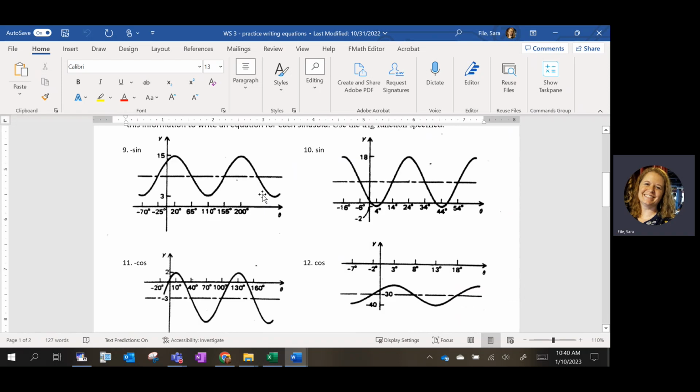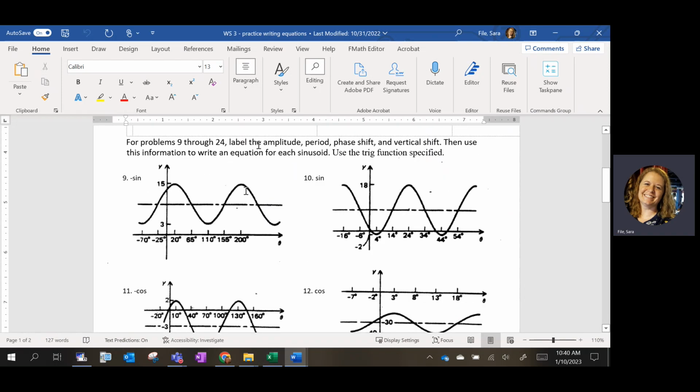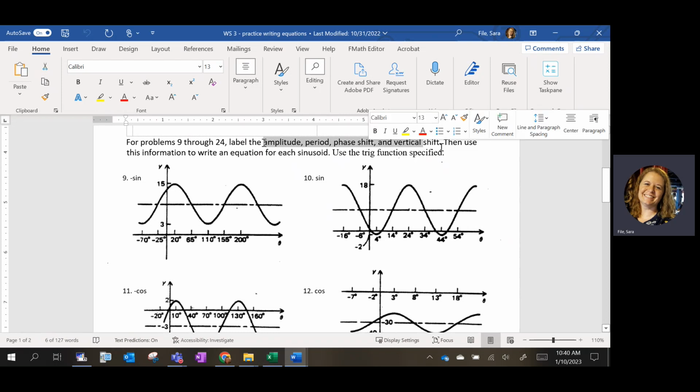Then you're given graphs, and we want to use the amplitude, period, phase shift, and vertical shift to write the equation for each sinusoid. And it says use the trig function specified. For instance, number 9, I tell you, write it as negative sine. For 10, I tell you, write a positive sine equation. So this way we won't have as many variations.